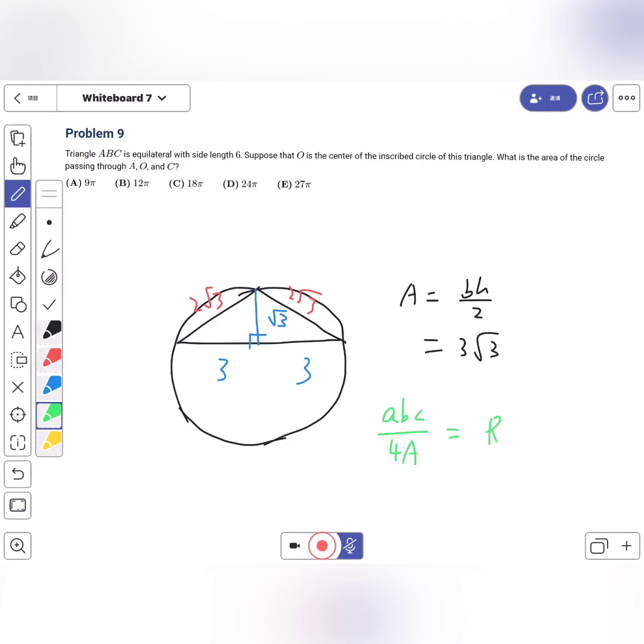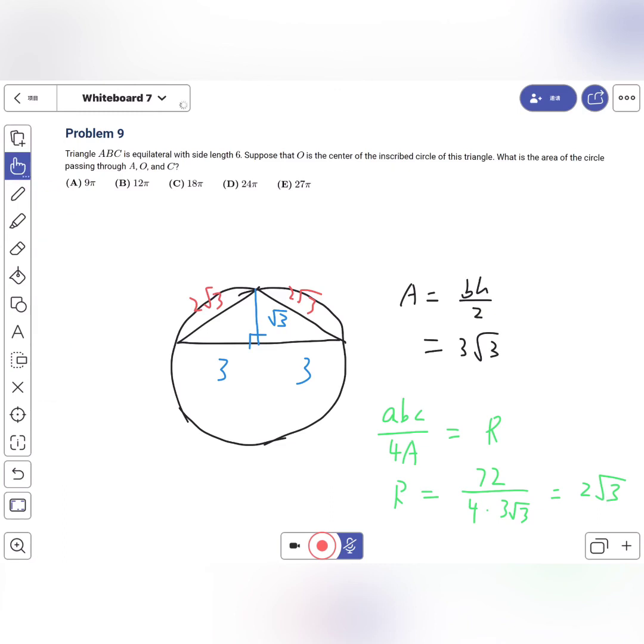So we plug in, and we see that R is equal to 72 over 4 times 3 root 3, which gives us 2 root 3. So the radius of the circumcircle is 2 times the square root of 3, and now we're basically done.